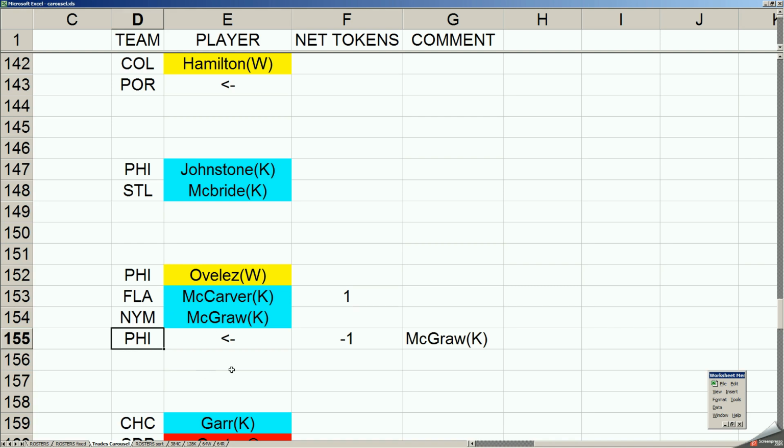Now, this is, again, about tokens. The Phillies have to pay that token for McGraw. But it's not the Mets, it's Florida who receives the token. And the reason is this guy. And you're thinking, Tim McCarver. Well, I got some news for you, folks. Tim McCarver hit .320 in 1977.